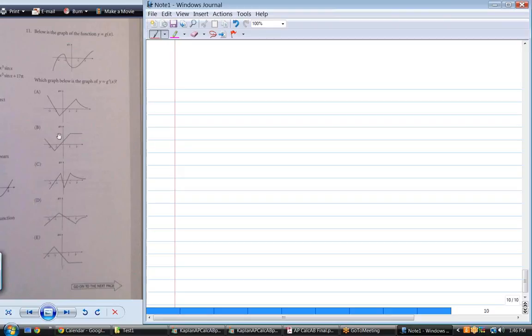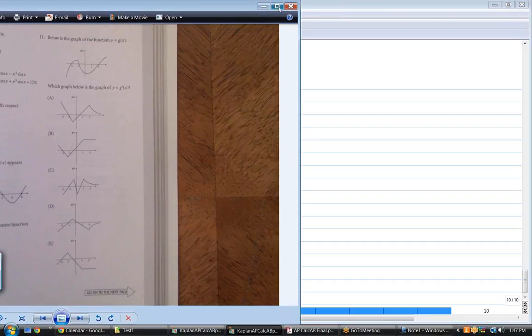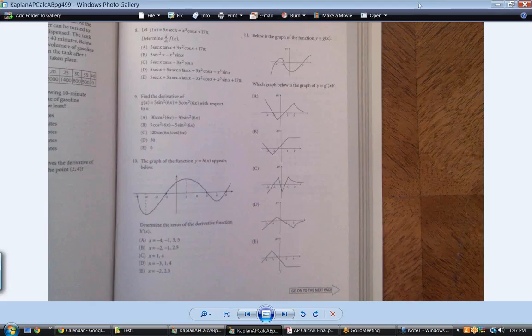Notice what they did here. They did a horizontal translation. In other words, the vertical axis on these 5 answers is not under the vertical axis here. The reason that's important is because you can't just drop straight down.